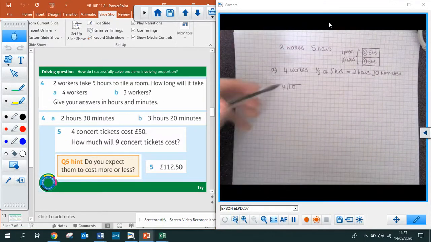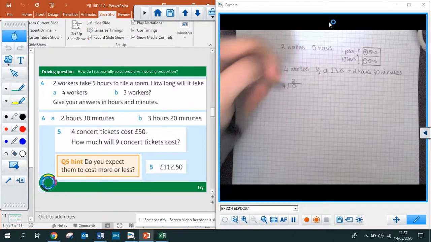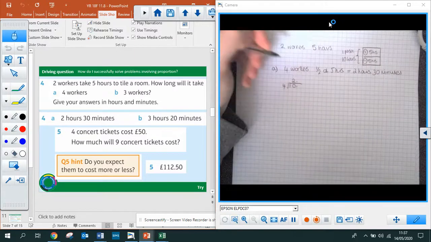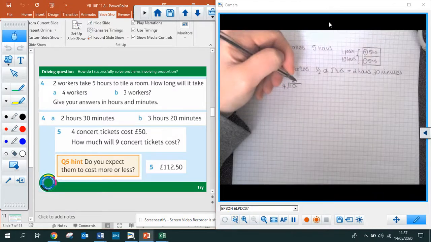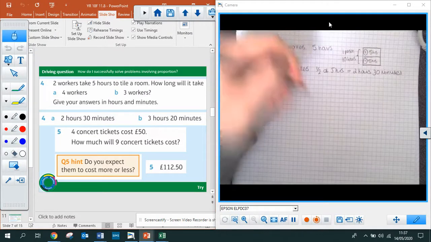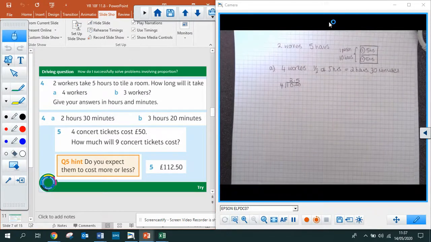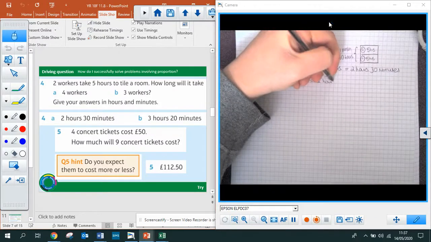So 10 divided by 4: 4 goes into 10 twice, put your decimal, because there's going to be 2 remaining. That becomes 20. 4 goes into 20 5 times. So it's going to take 2.5 hours, which is 2 hours 30 minutes.